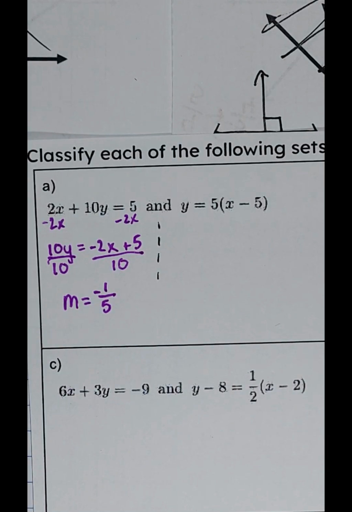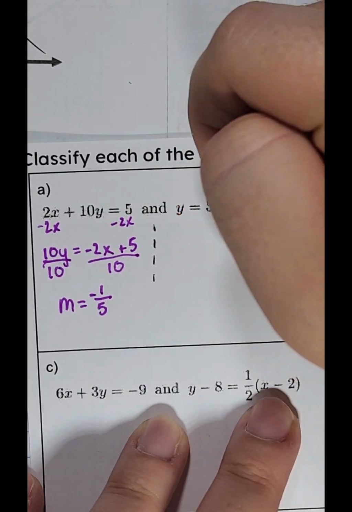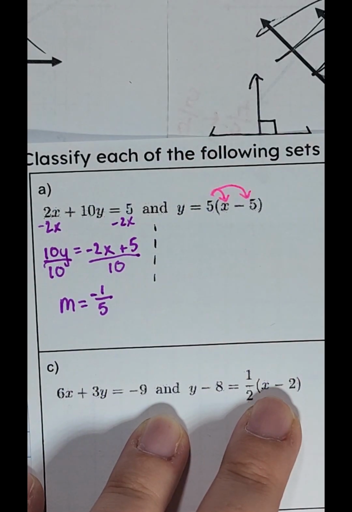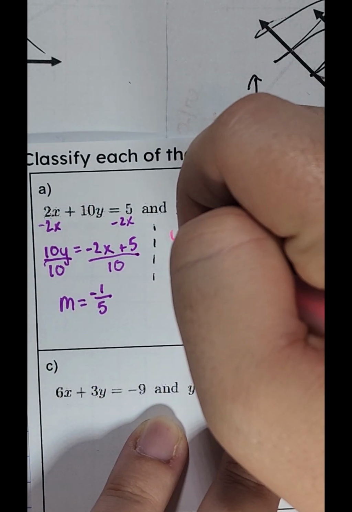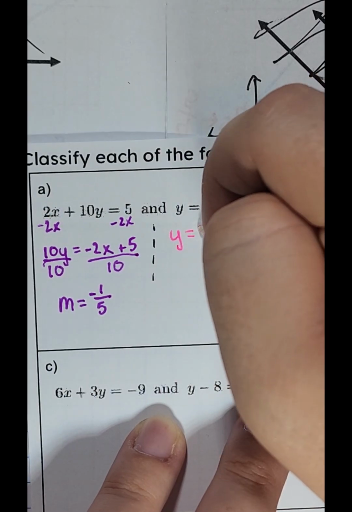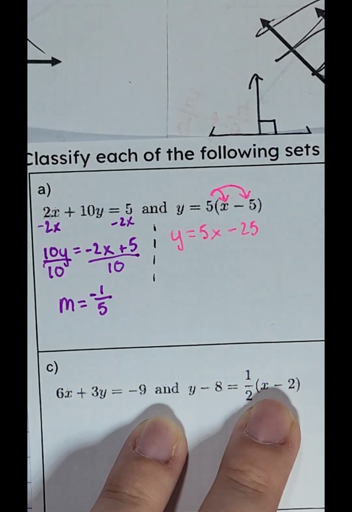The second equation here we have y equals 5 times x minus 5. We're going to start by distributing this 5 here. Our goal again is slope-intercept form. And when we do distribute the 5, we do get slope-intercept form, 5x minus 25.